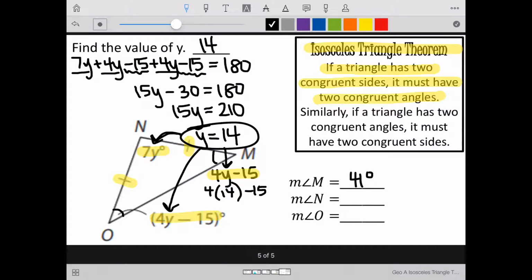Angle N will be 7 times 14, which makes 98 degrees. And angle O, that was the same as angle M, so it's 41 degrees. And if I double check myself by adding all three of these angles together, I get 180 degrees total. So I definitely know I have done this problem correctly.